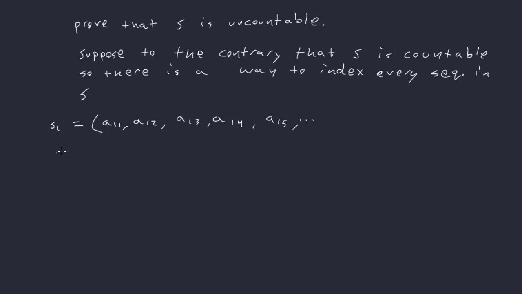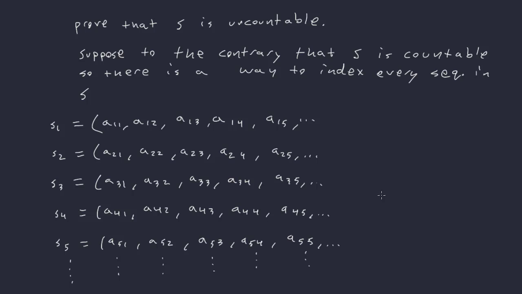Then s2 would be a21, a22, a23, and I'll continue this out. You don't need to watch me write every one of these. So we have a list of our sequences like this, and we can itemize or index them since we're assuming it's countable. So all of S can be written as the set of s1, s2, s3, s4, s5, etc.